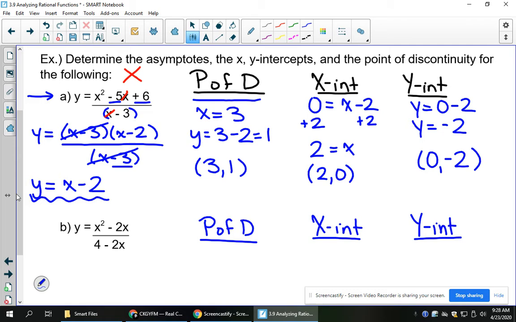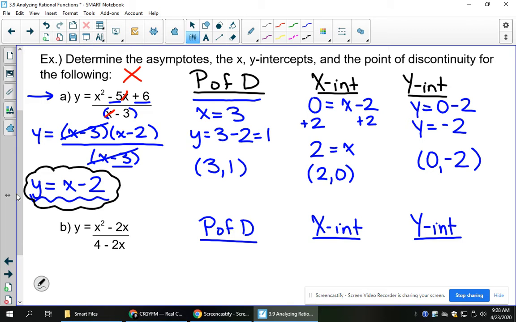All right, this one, if we think about vertical asymptotes and horizontal asymptotes, we find them from the simplified version. So in order for there to be asymptotes in the simplified version, there has to be a denominator. There has to be x's in the denominator.